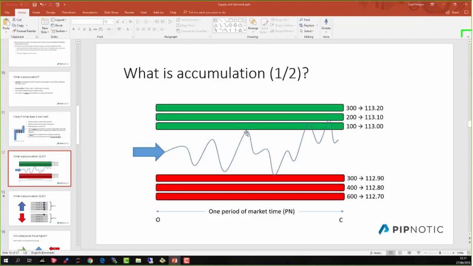If price comes up and we have 50 buy orders that are filled when price comes up here, then the 100 is reduced to 50. Next time price comes up and we have another 50, that completely removes all of the liquidity of this area.